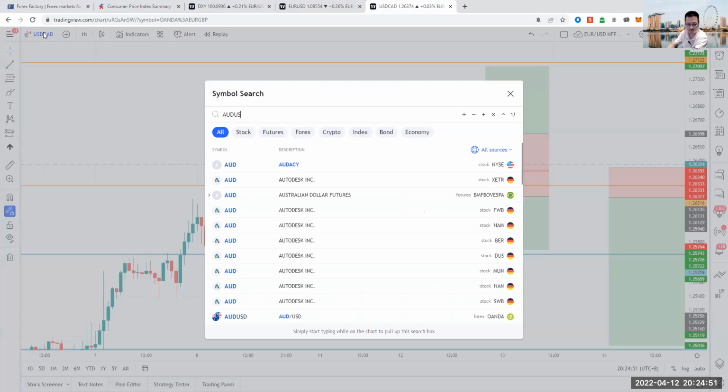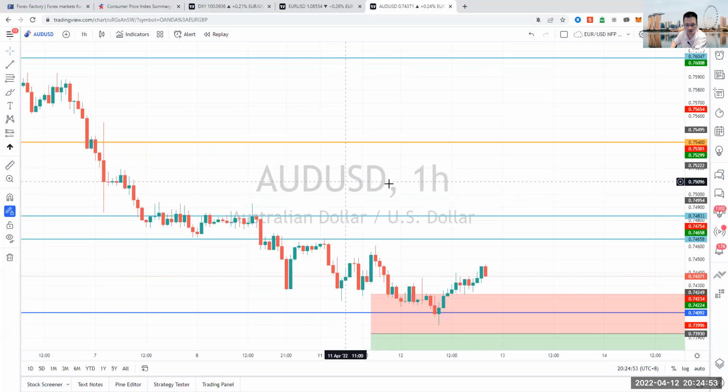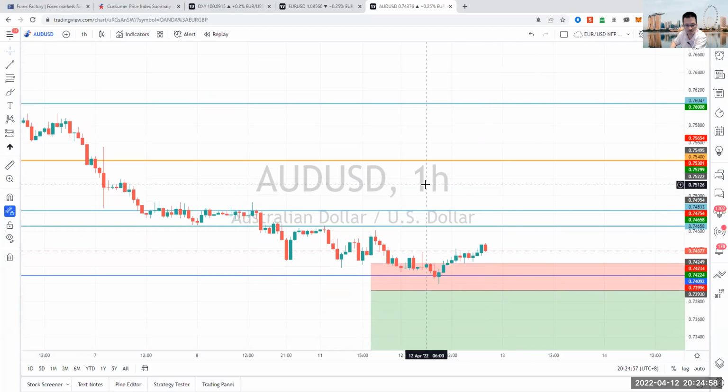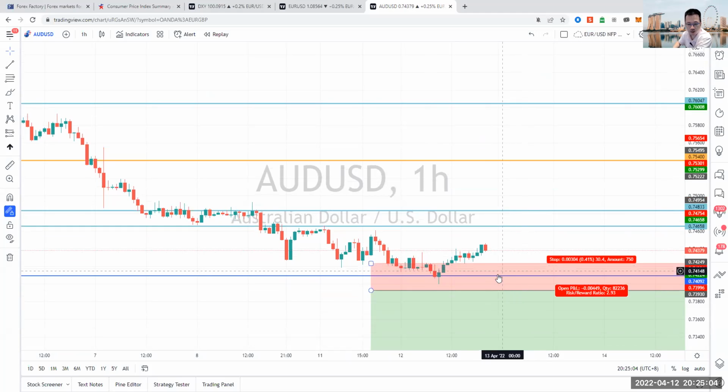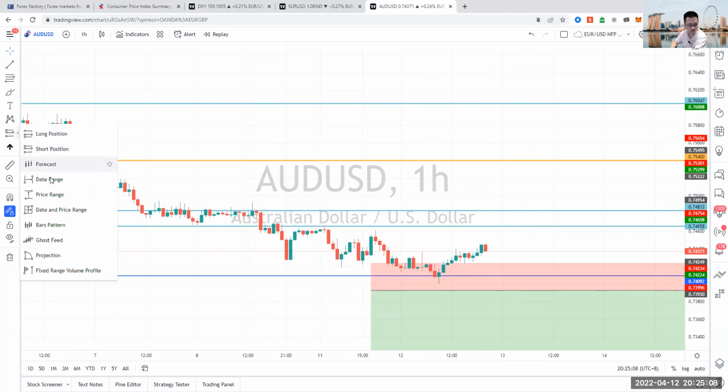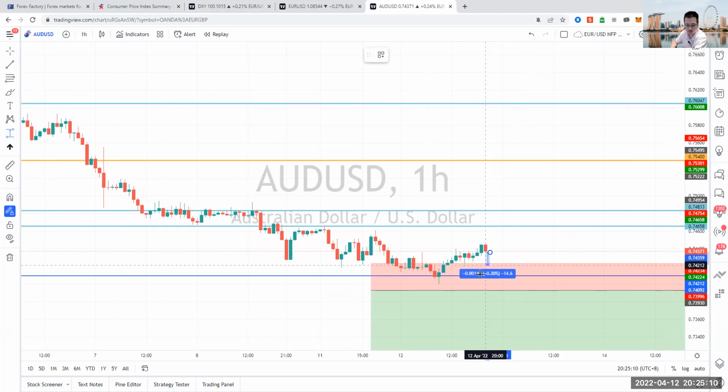So what else can we look at? Just quickly, the Aussie dollar. I wouldn't do anything on the Aussie just because it's sitting right in the middle there. So in a good news scenario for the dollar to get stronger, it'll push lower. It's only a 32 pip move towards the downside before it bounced up.